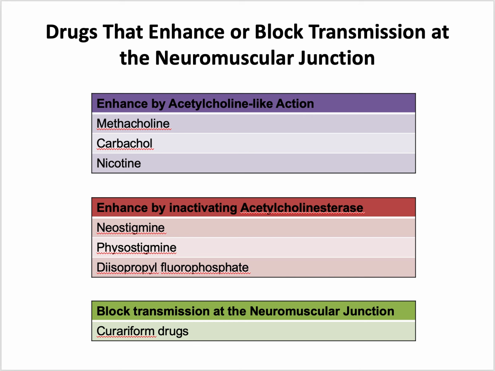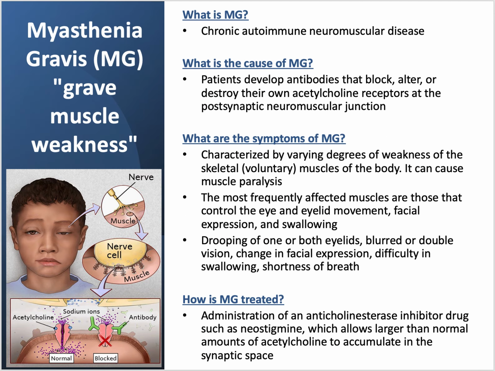If you know the steps that are happening at the neuromuscular junction, and I give you a drug that enhances or inhibits a certain part of that pathway, you should be able to tell me what will or will not happen next. I hope that makes sense. Let me know if it doesn't.